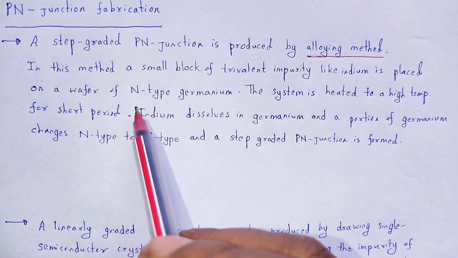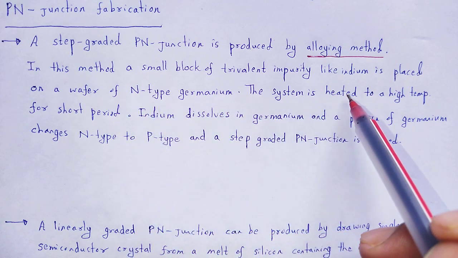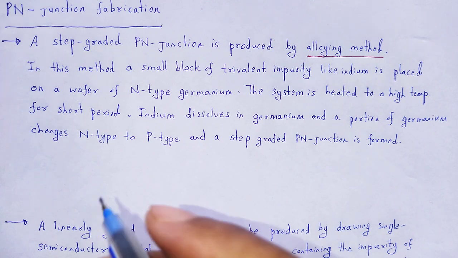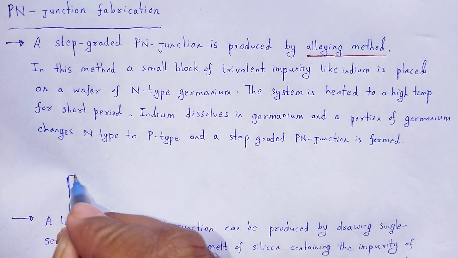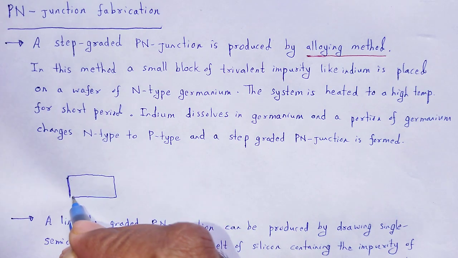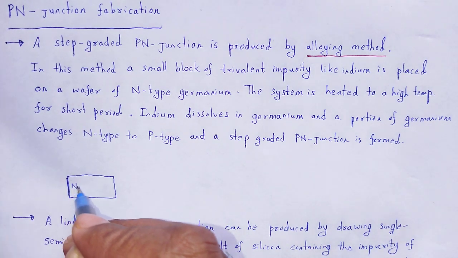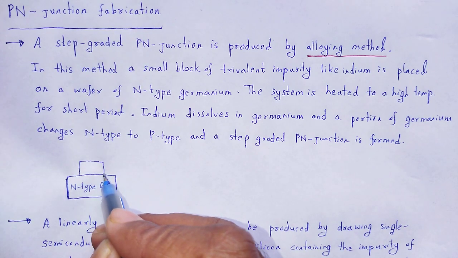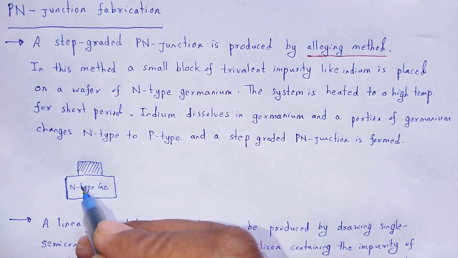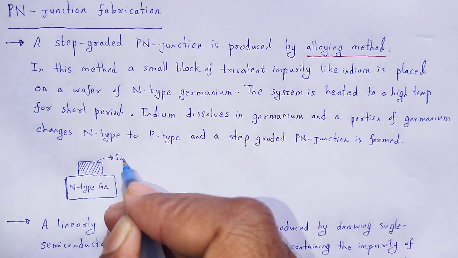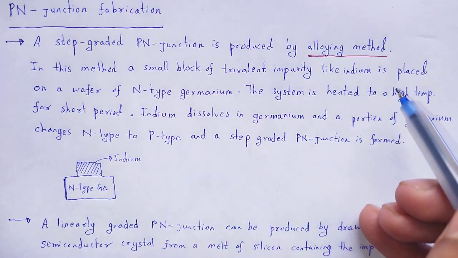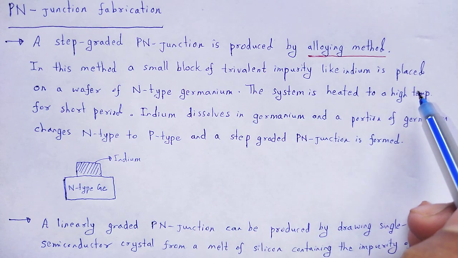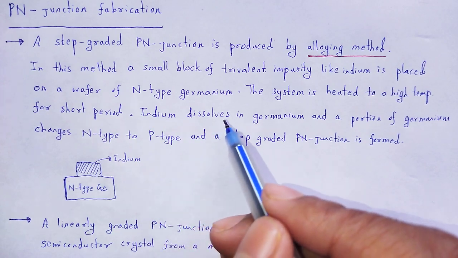That wafer is nothing but N-type germanium, and the system is heated to a high temperature for a short period, and that indium dissolves in germanium.